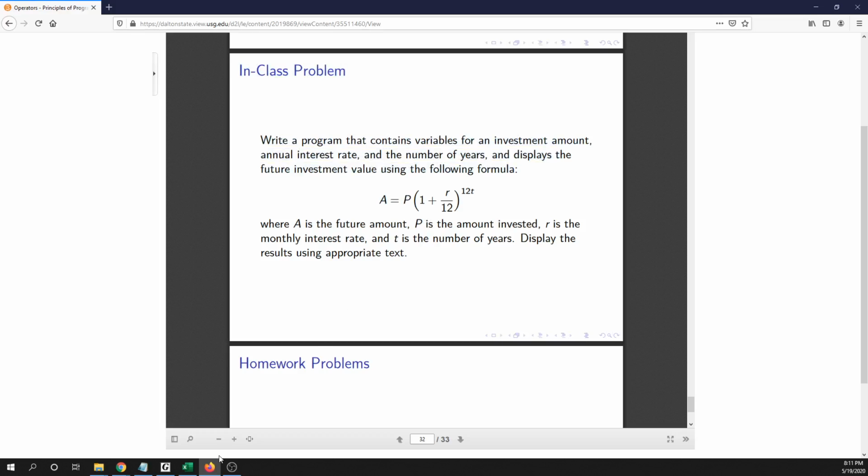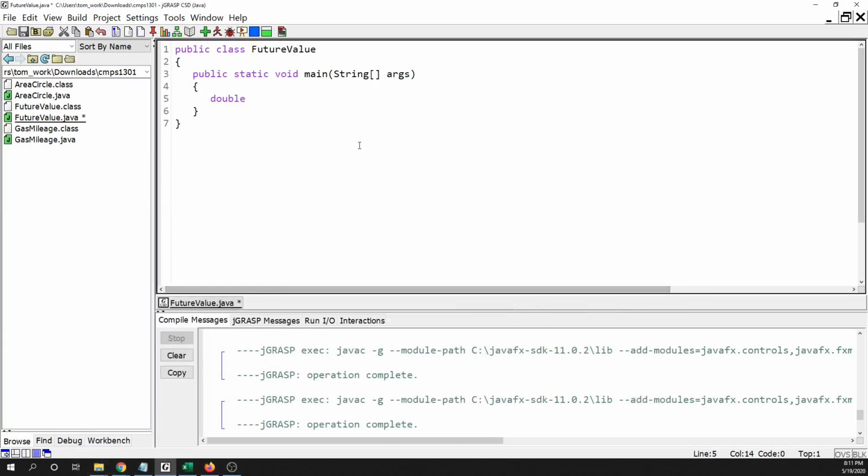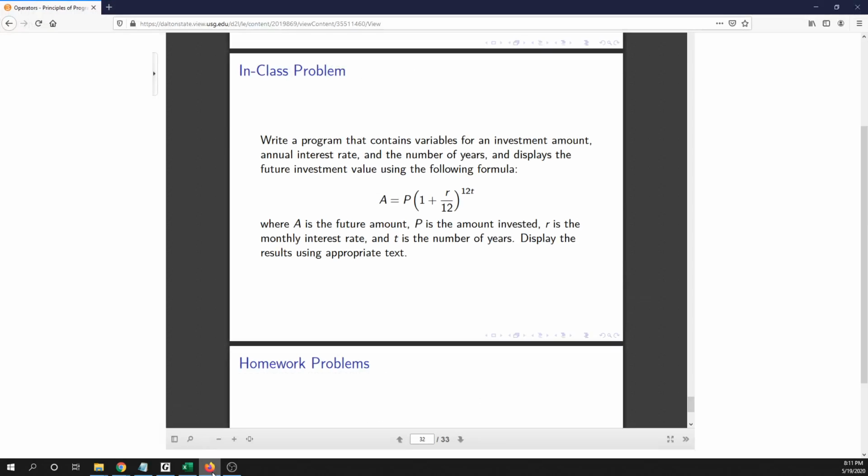Another word for that is principal, so I'll use that one, just like the principal of the school. And just put a number in there. Let's say $10,000, and it should be a type double, right? Because it's dollars and cents. It's going to be a decimal number.